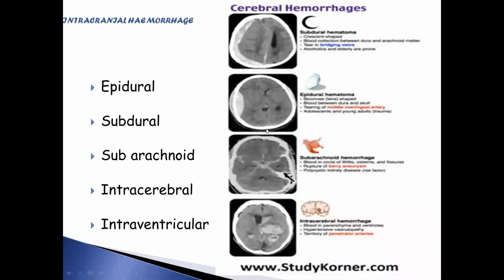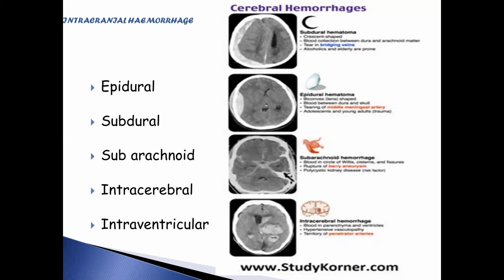Intracranial hemorrhage can be epidural, subdural, subarachnoid, intracerebral or intraventricular. When we talk about subdural hematoma, it is crescent shaped, as you can see here. There's a blood collection between the dura and the arachnoid mater.